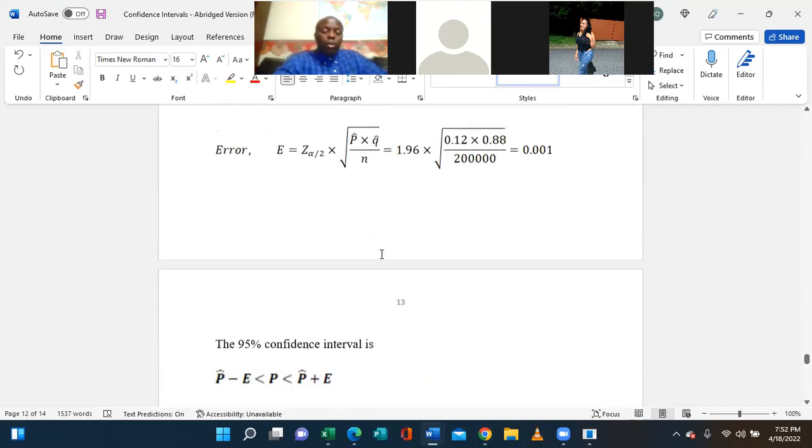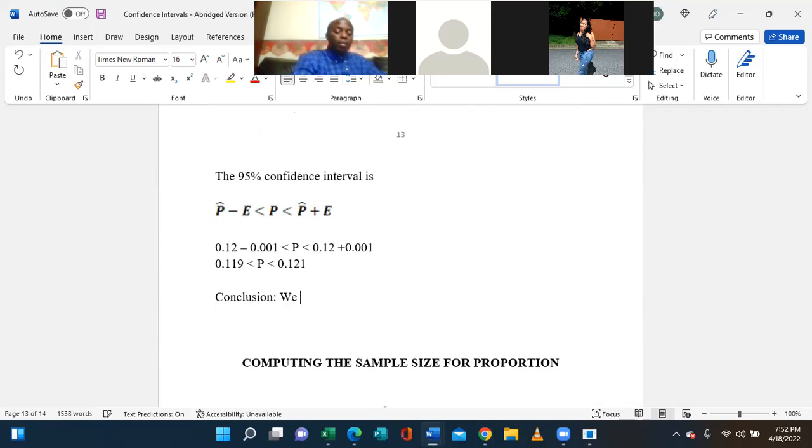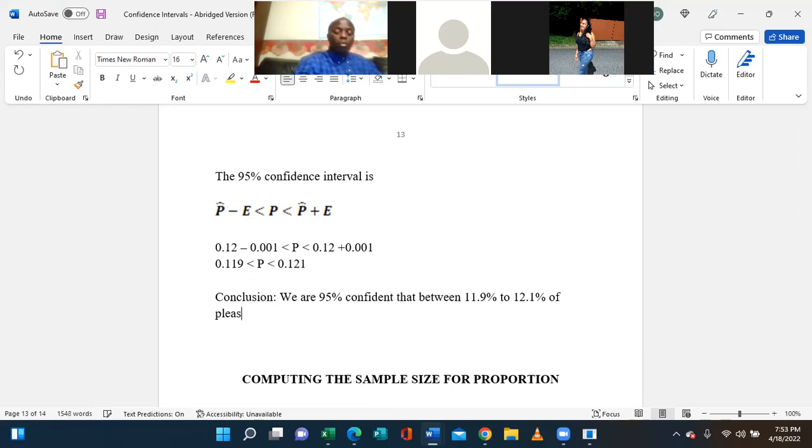You can say we are 95% confident that the proportion is between 11.9% and 12.1% of pleasure boats named Serenity.